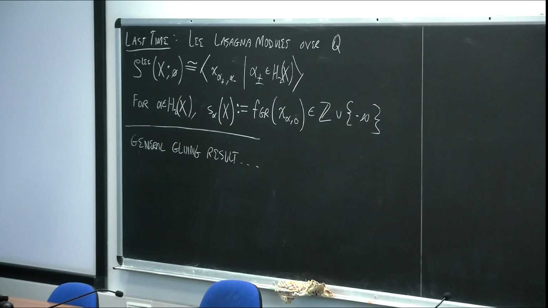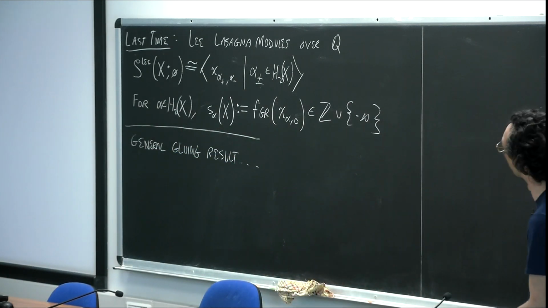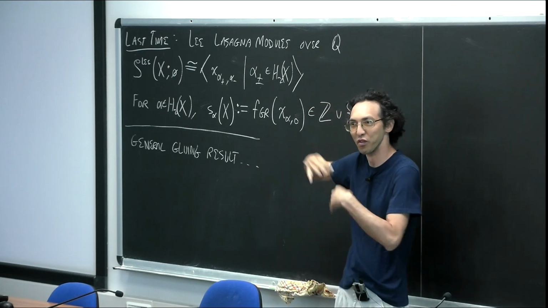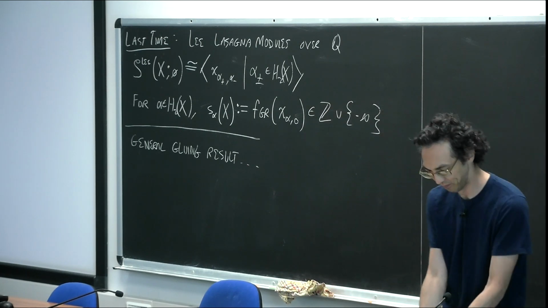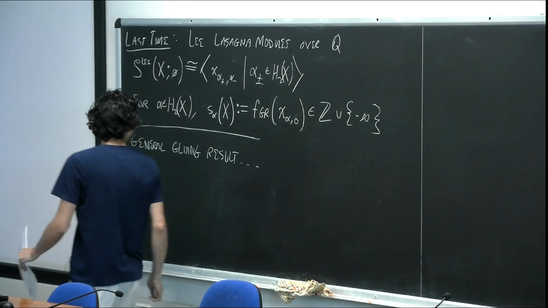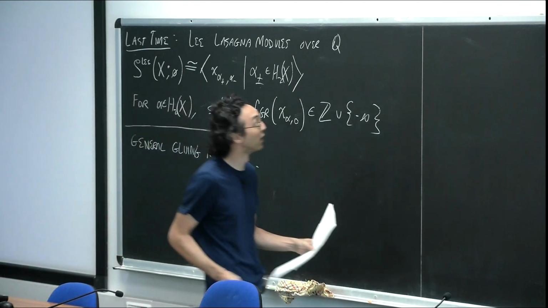Maybe, if there's time at the end, I can draw the large picture. But I want to highlight just a couple corollaries that come from the general statement. The first one maybe gives the best picture of what the gluing result ought to look like.